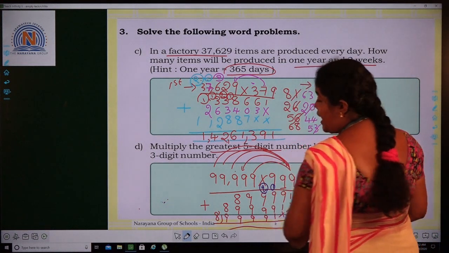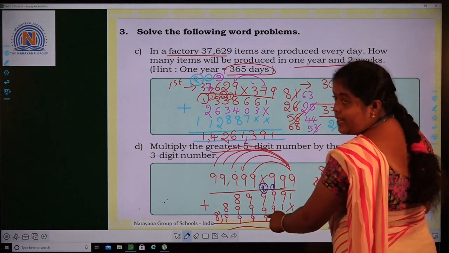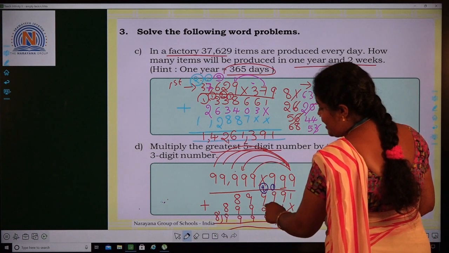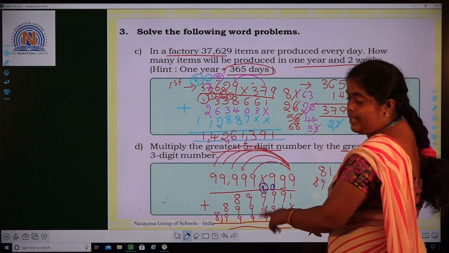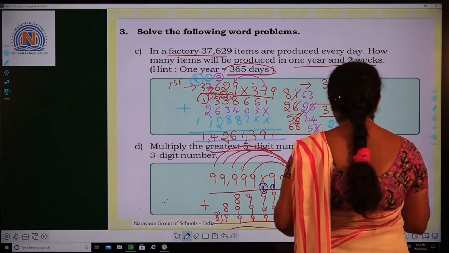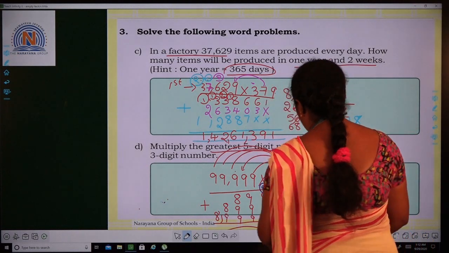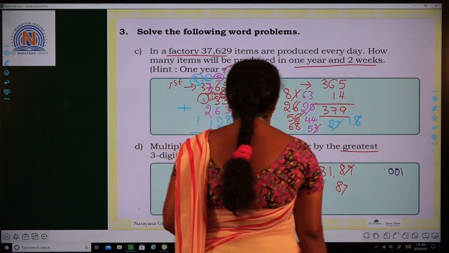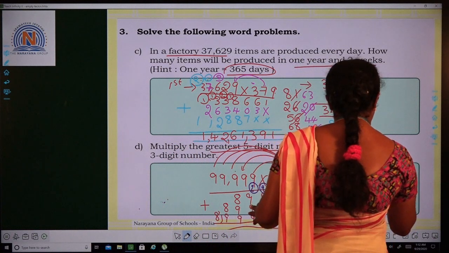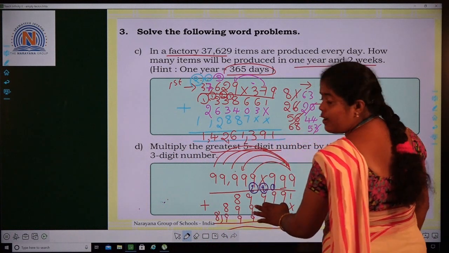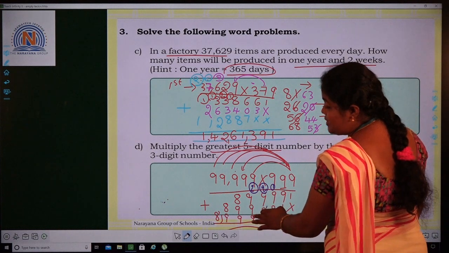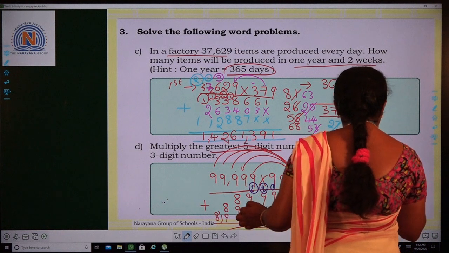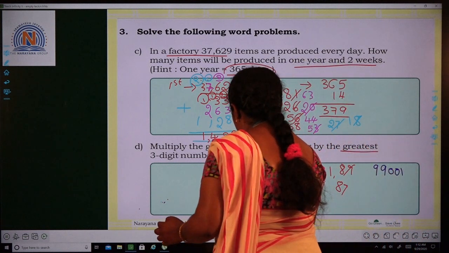Next, 9 plus 9, 18, and 18 plus 2, 20, 20 plus 9, 29. 2 is carried to the next place. 9 plus 9 is 18, 18 plus 9, 27, 27 plus 2, the answer is 29, 2 is carried to the next place.